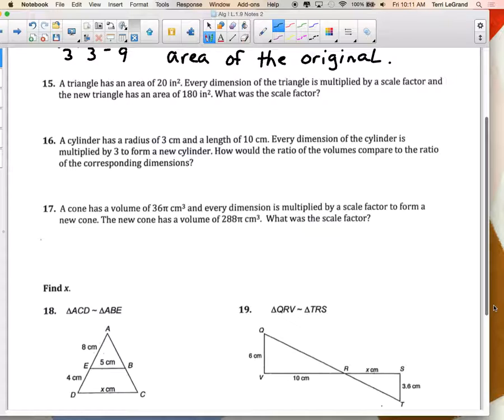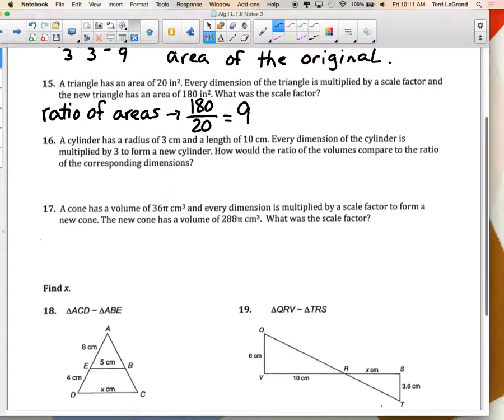The 2 areas. So we're going to set up a ratio of areas, because that's what we have to work with. New to old. So what would go upstairs? 180 over 20. And what's that divide out to? 9. So the ratio of the areas is 9.